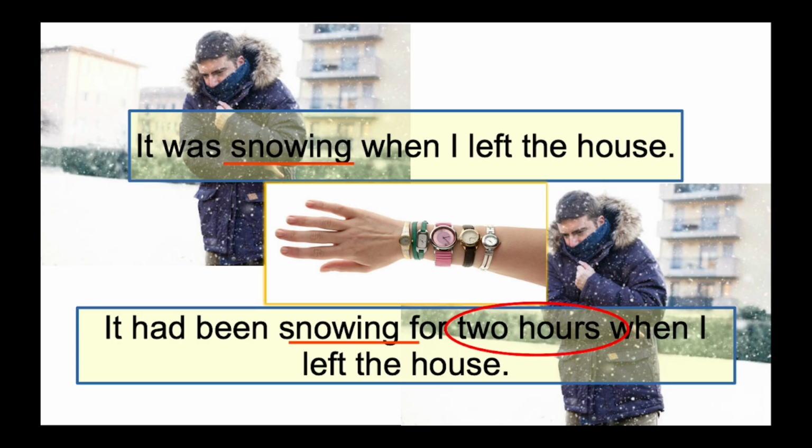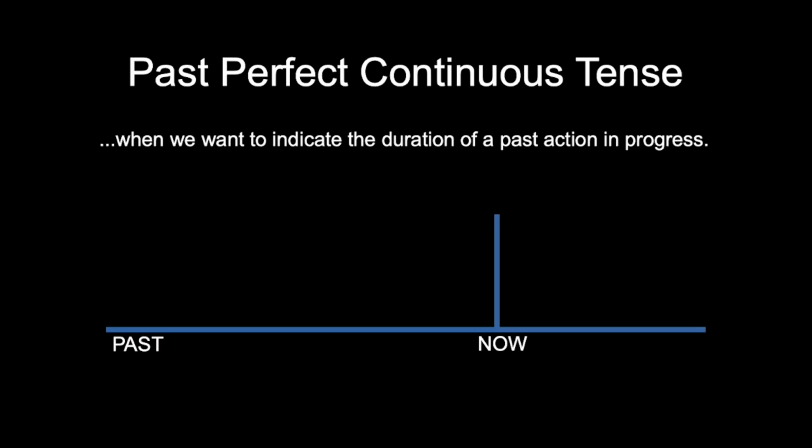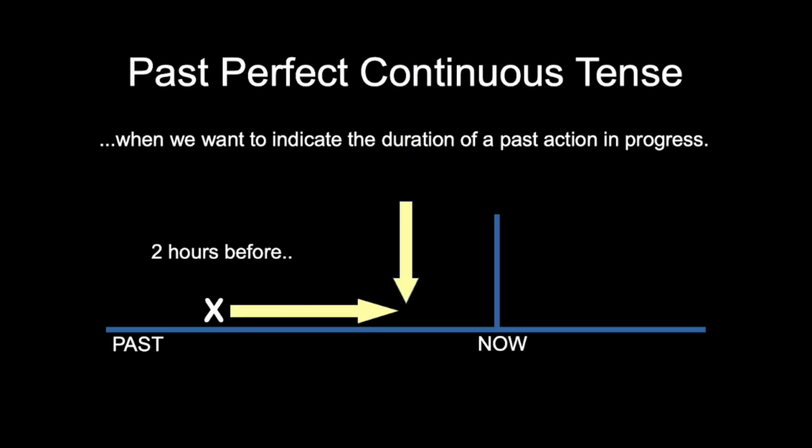Let's take a look at the timeline to make things clearer. So, 2 hours before I left the house, it started to snow. It continued to snow, and when I left the house, it was still snowing. So I hope things are all clear now.